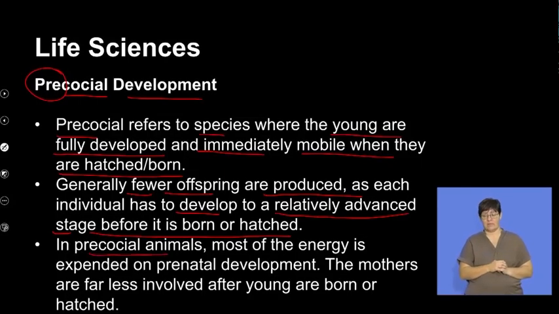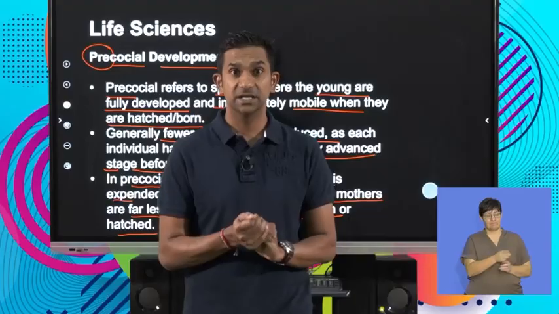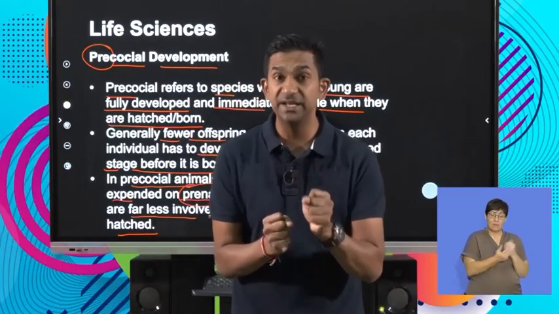In precocial animals, most of the energy is expended on prenatal development. Essentially, prenatal development is the development before being born or hatched. You'll find that the mothers are far less involved after the young are born or hatched. In precocial development, a lot of development happens prenatally.